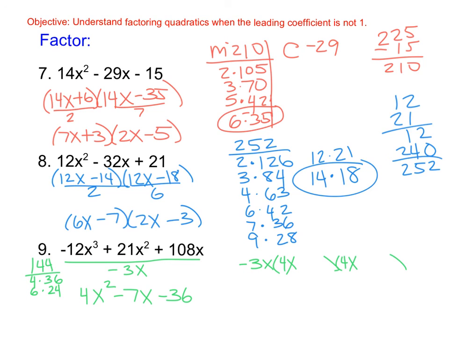Let's see, 9 times 16, 9 and 16. We need negative 7, so negative 16. So plus 9 minus 16, we can divide by 4. So our final answer, negative 3x, 4x plus 9, x minus 4.